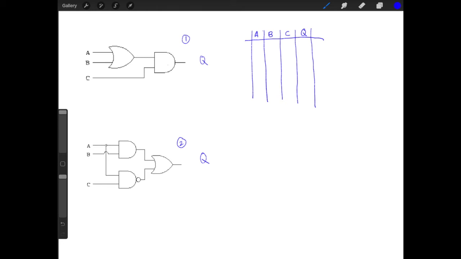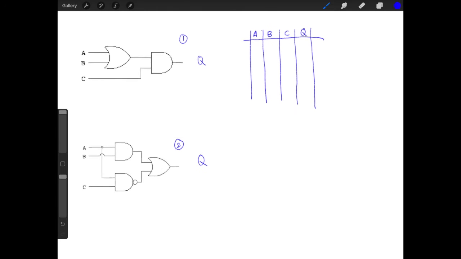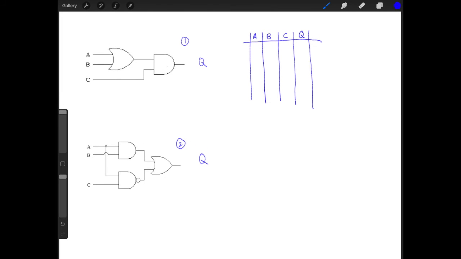Okay. So to put in the inputs for the truth table, you want to put all the possibilities of zeros and ones. With the common convention, if you have 3 inputs, you do 4 zeros and then 4 ones in the A column, and alternate in the second column.